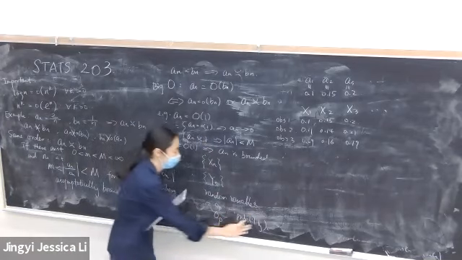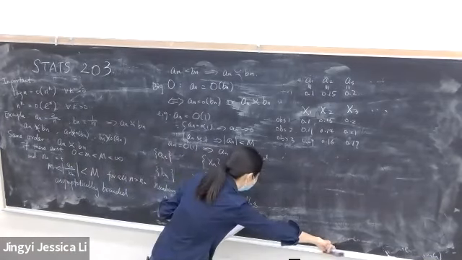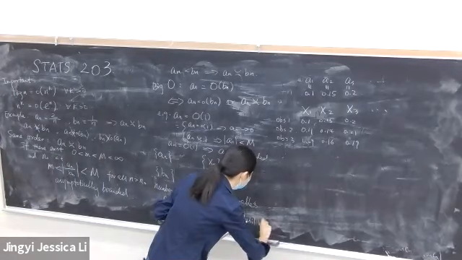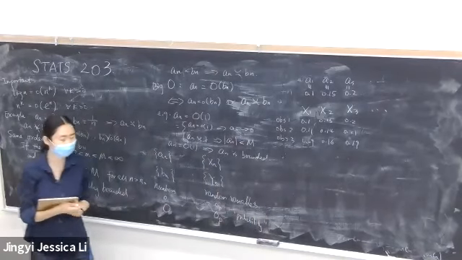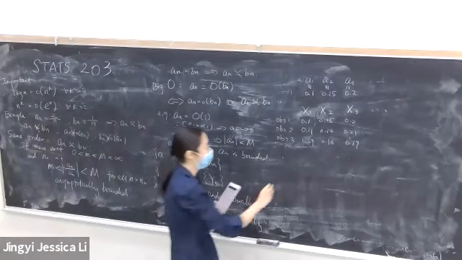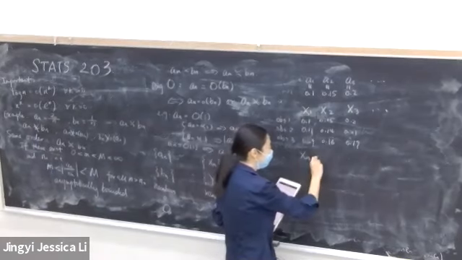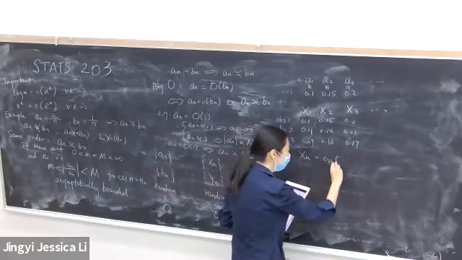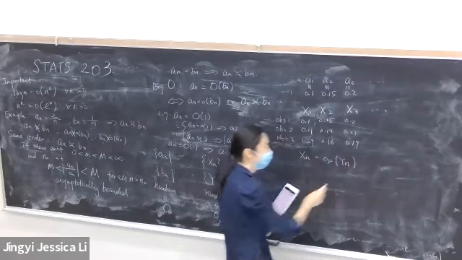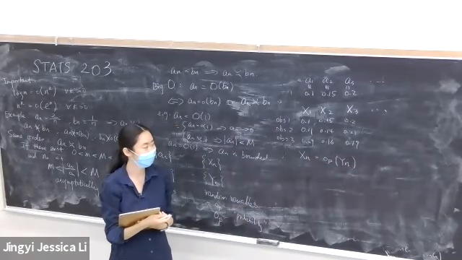So what does this mean? This will be something we will talk about in our next lecture. When I say Xn is small oP of Yn, what does it mean?